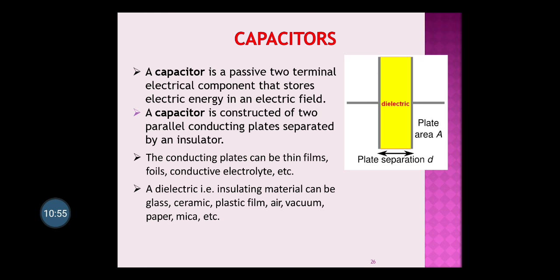The conducting plates can be thin film, foils, conductive electrolyte, etc. These are the different things used for conducting plates. A dielectric is an insulating material, and that can be glass, ceramic, plastic film, air, vacuum, paper, mica, etc. These are the different types of dielectrics which can be used to manufacture capacitors.